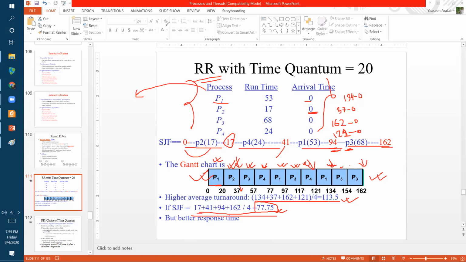But when the arrival time is different for each process and it comes to a batch system, we have to use preemptive SJF.